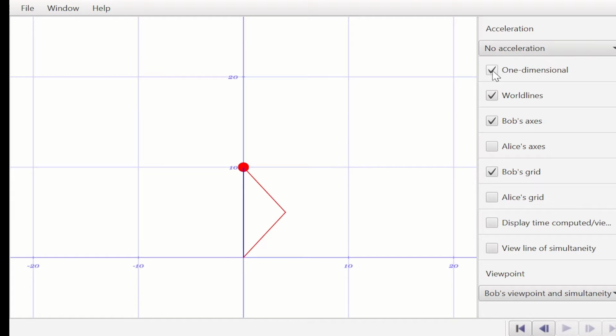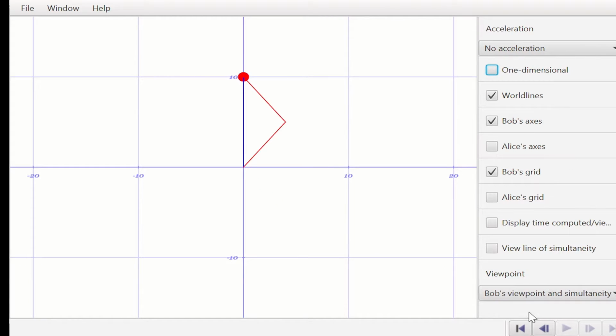So we can turn off this one dimensional display. We'll just see it the way it normally would be drawn, without the axes moving. Okay, now to see that Alice is in two different frames, we can display her axes.